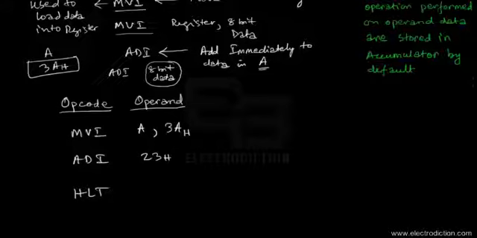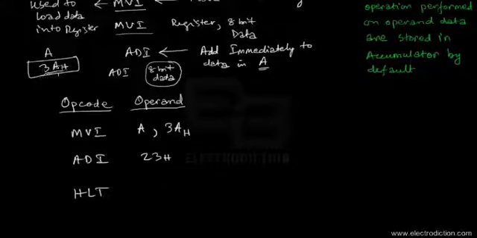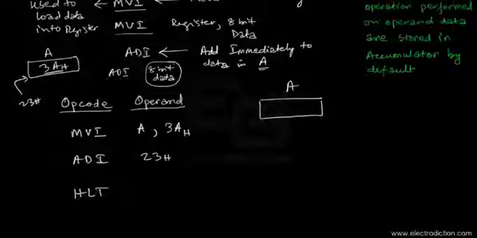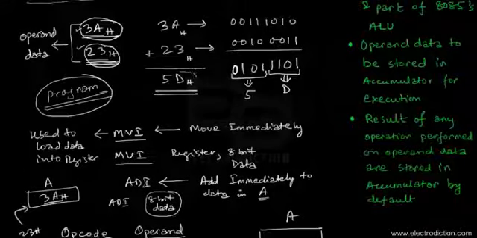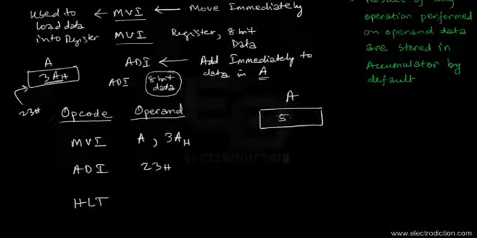After this program code gets executed, A had 3AH stored in it, and now we had added 23H with this 3AH data, and after the program code gets executed, register A is going to store the result, that is 5DH. So after the program codes get executed, we're going to have 5DH stored in the accumulator.